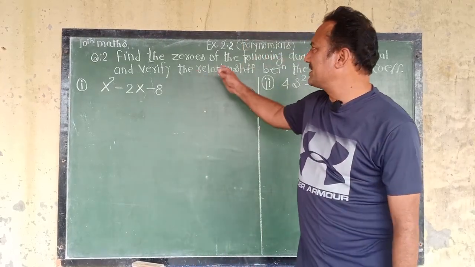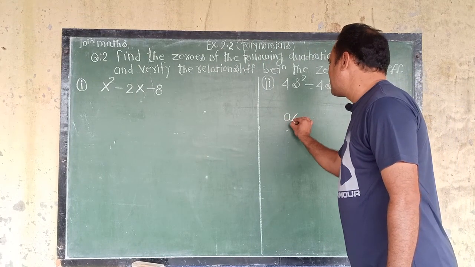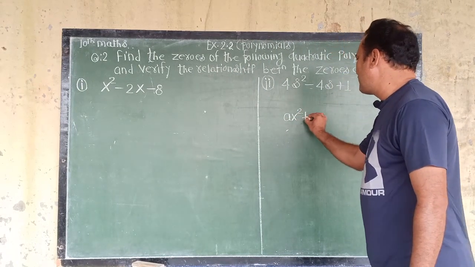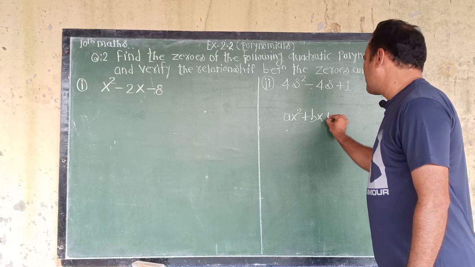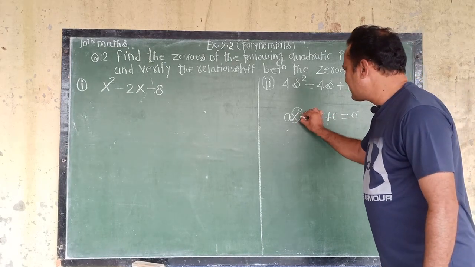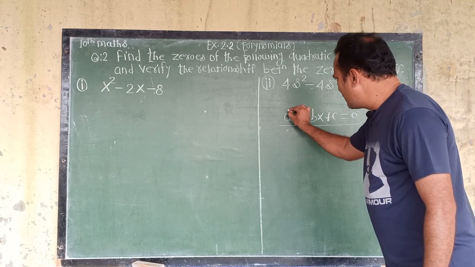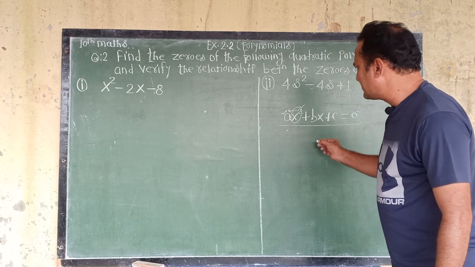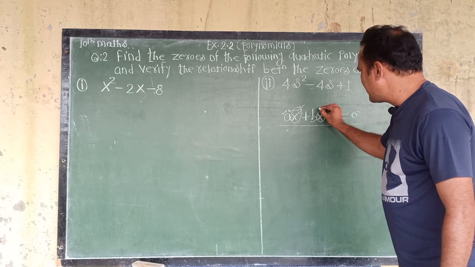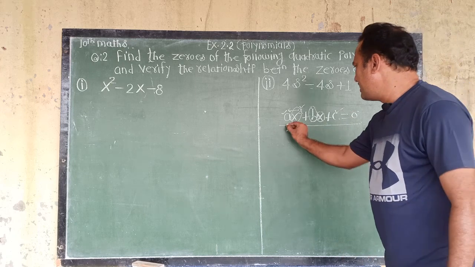Now, before solving this example, we have to learn about this. This is the general form of the quadratic equation. x square means the power is 2, so this is a quadratic expression. The coefficient of x square is known as a, the coefficient of x is b, and the constant term is c.